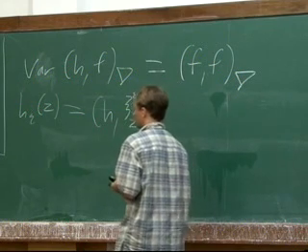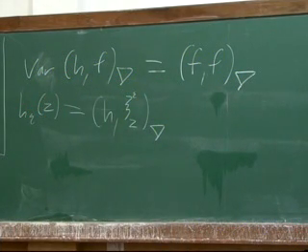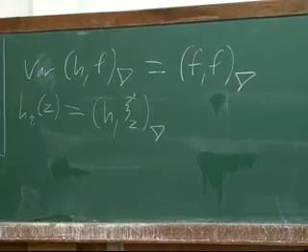In general, we have this fact that the Dirichlet inner product of f and g is just the L2 inner product of f with minus the Laplacian of g.